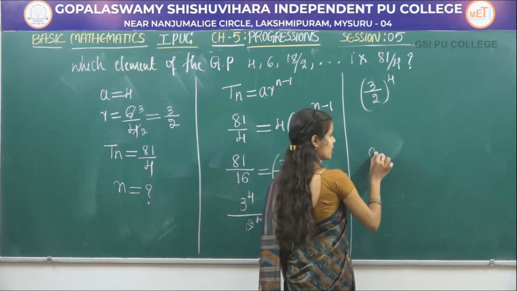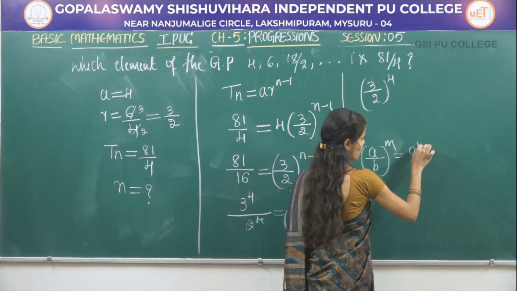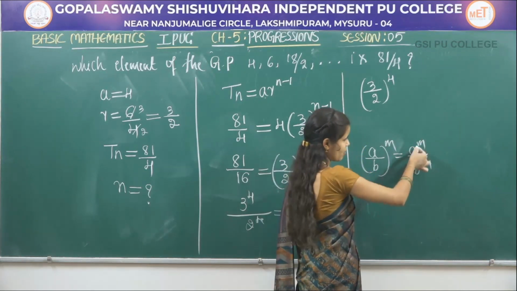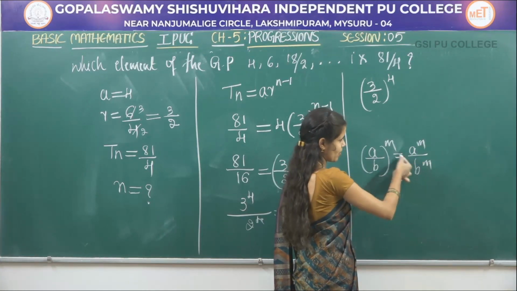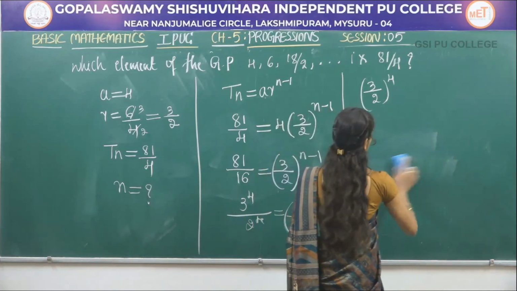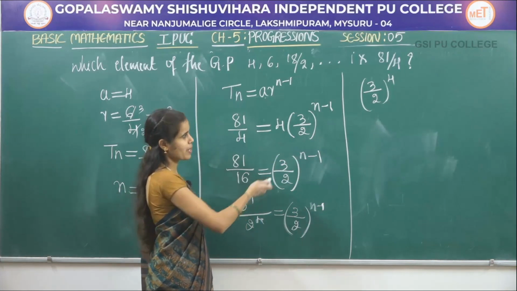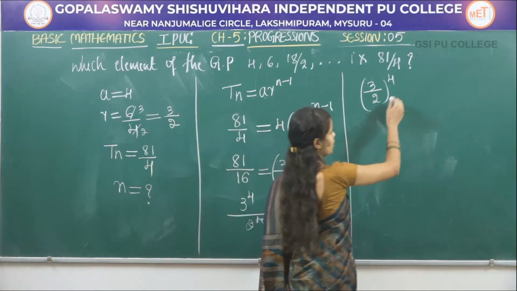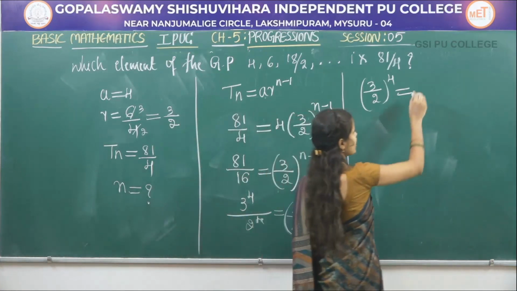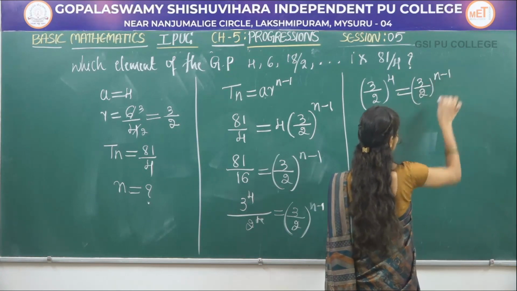What is the fifth law of exponents? A by B to the power of m can be written as A to the power of m divided by B to the power of m, and similarly A to the power of m divided by B to the power of m can be written as A by B to the power of m. So 3 by 2 to the power of 4 is equal to 3 by 2 to the power of n minus 1.